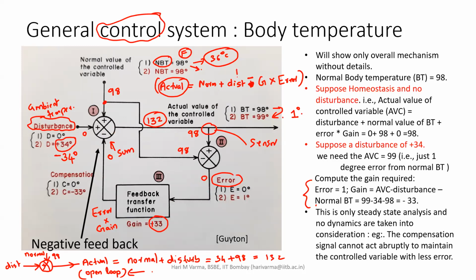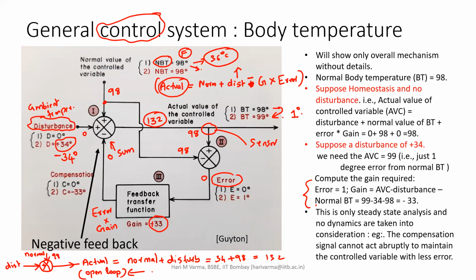Right? So if disturbance increases, this is the equation from which you can find out everything. If the disturbance increases, what happens? Your actual will increase. If actual increases, your error will increase, but this term is subtracted from this one to get the actual. So if actual increases, this one will increase proportionally based on G, so that since this is subtracted out, the actual has to come down.